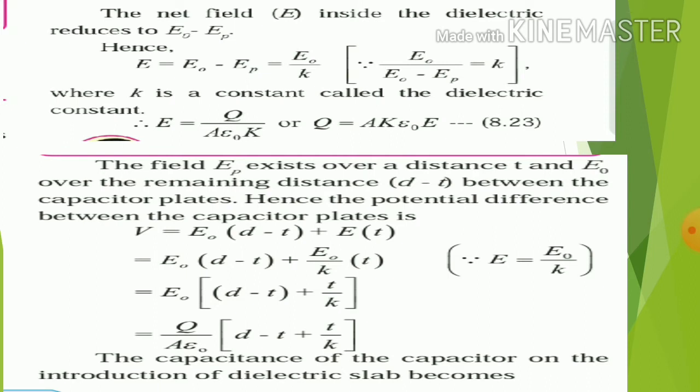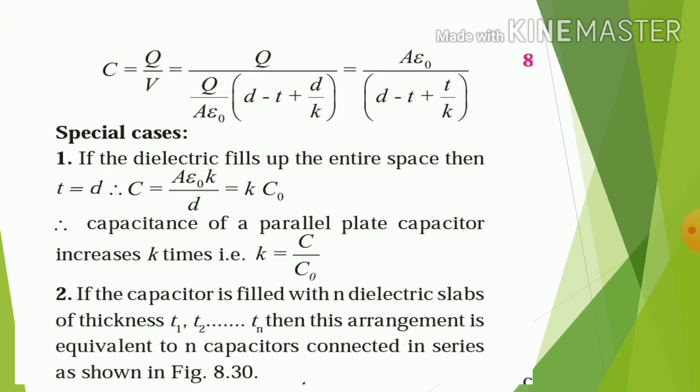Then the capacitance of the capacitor on placing the dielectric slab, or introduction of the dielectric slab, becomes C equal to Q upon V.